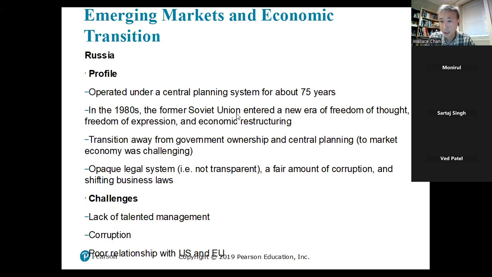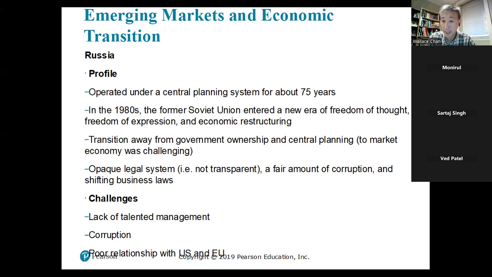Russia used to adopt the centrally planned economy. In the 1980s, the former Soviet Union entered a new period of freedom of thought, freedom of expression, and economic restructuring. They moved away from the central planning system. However, Russia has been facing many challenges because of a relatively underdeveloped legal system.